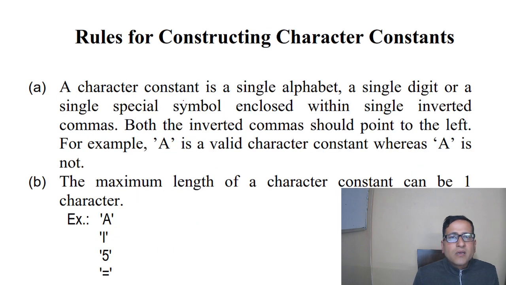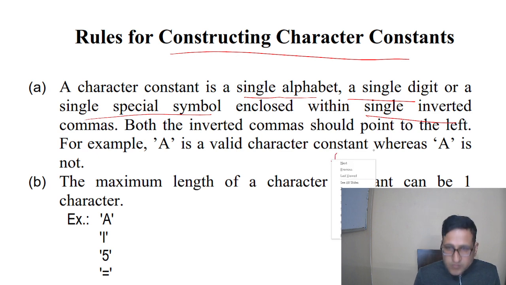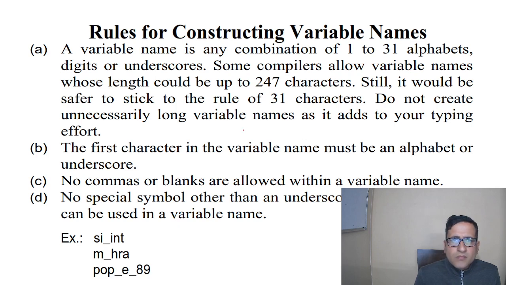Next is rules for constructing character constants. A character constant is a single alphabet, a single digit, or a single special symbol enclosed within single inverted commas, like this.